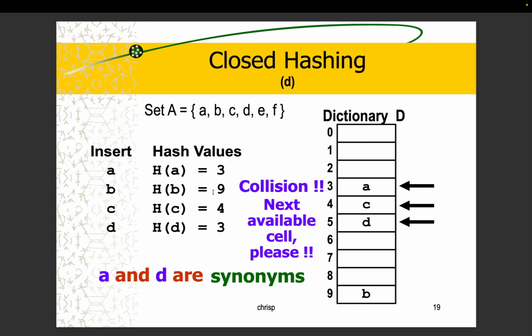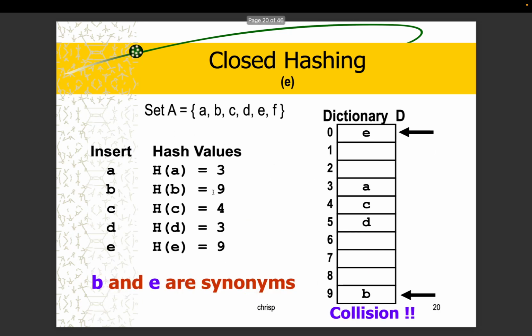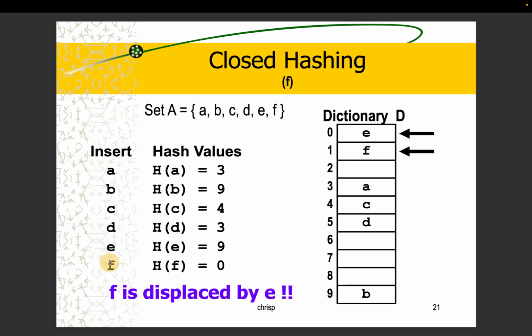That's the algorithm. Now if we go to F, we'll try it again. F is supposed to be at index 0, but E is already there. That means there is a collision, and F has to find another place. So the logic is, E is already there, so I'll move to the next one, which is 1.